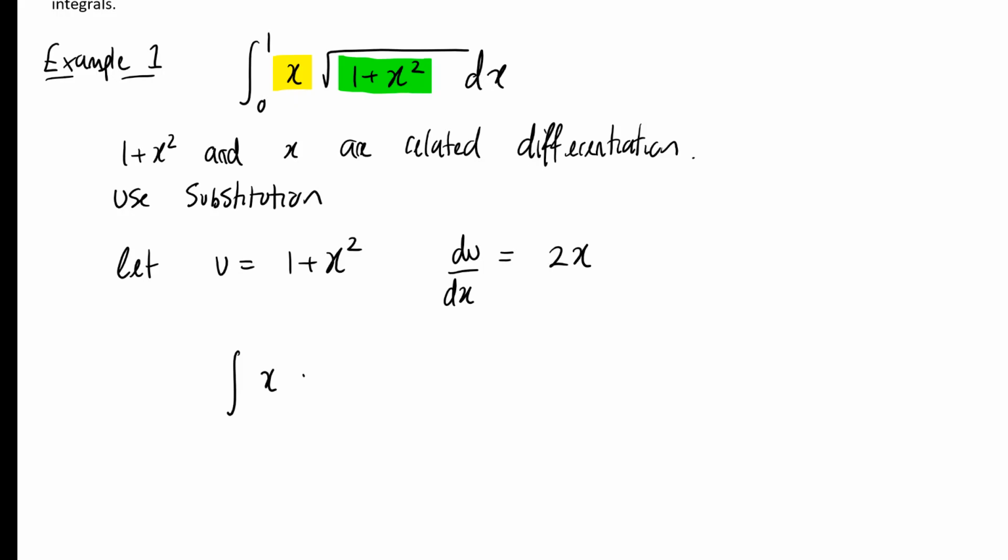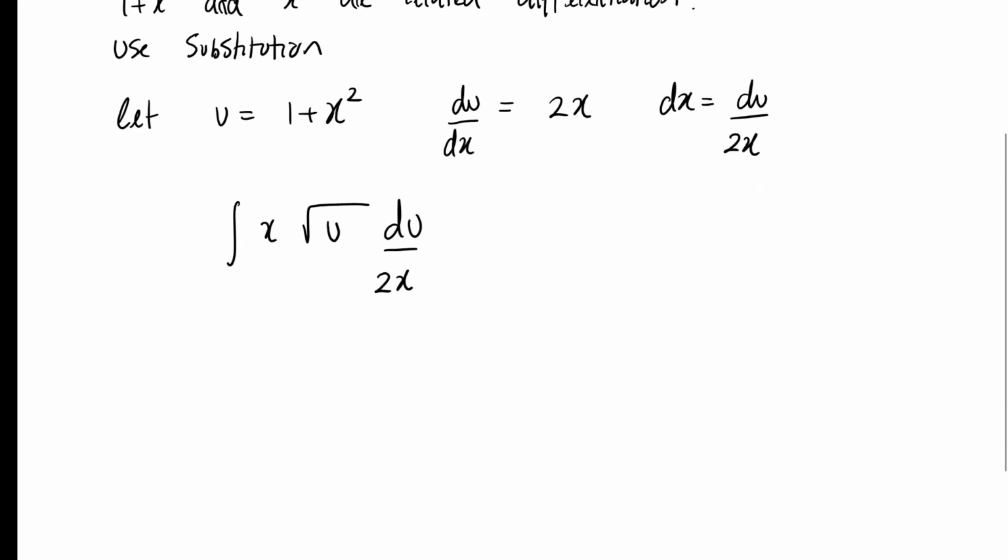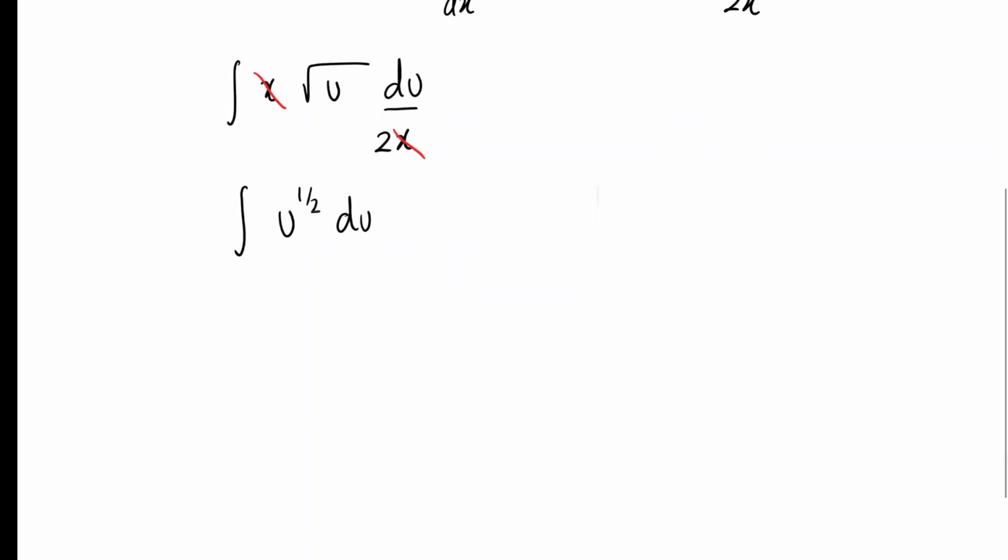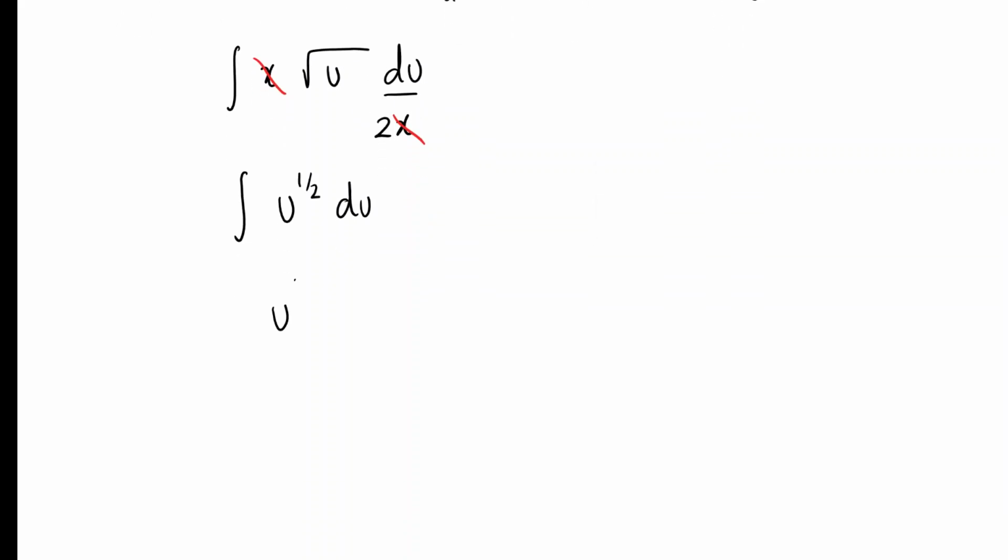Write x, and then we've got root u, and if du dx is 2x, then dx is du over 2x, and x, top and bottom, cancel, leaving u to the power of 1/2, same as root u, du, and that becomes u to the power of 3 over 2 multiplied by 2 over 3 plus c.